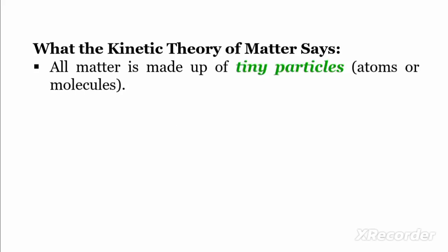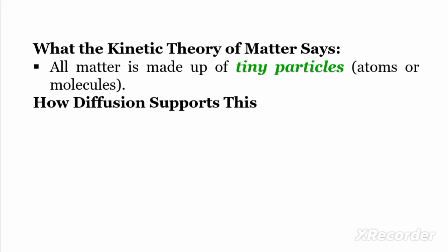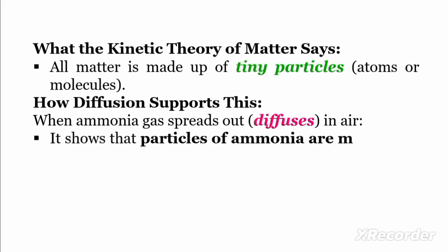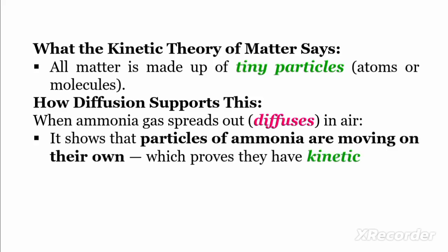All matter is made up of tiny particles, atoms or molecules. How does diffusion support this? When the ammonia gas spreads out, diffuses in air, it shows that particles of ammonia are moving on their own, which proves they have kinetic energy and are in motion.